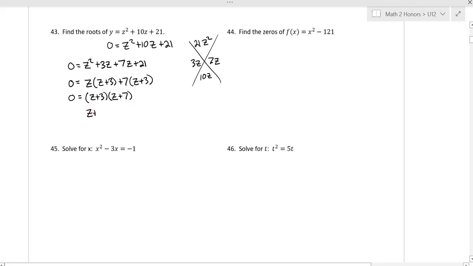Set each factor equal to 0. And we get two answers. z is negative 3 and z is negative 7.